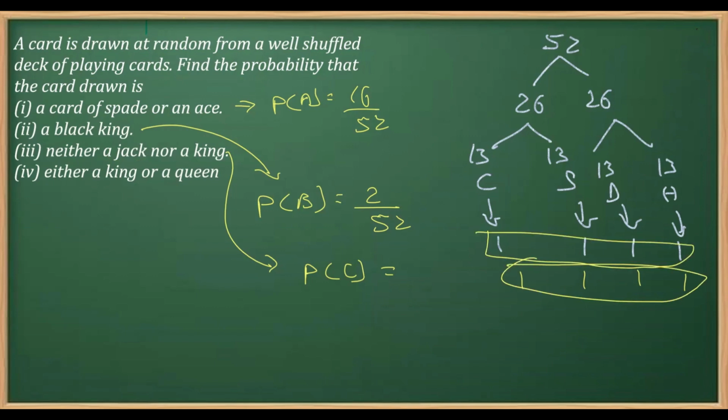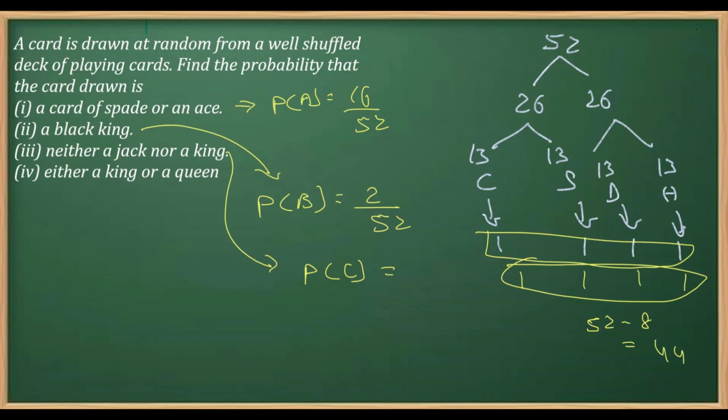So 4 plus 4 is 8. From the stack of 52 cards, we have to remove these because we need a card which is neither jack nor king. If I subtract 52 minus 8, how much is it? 44.